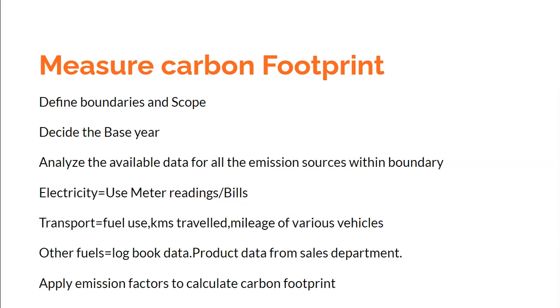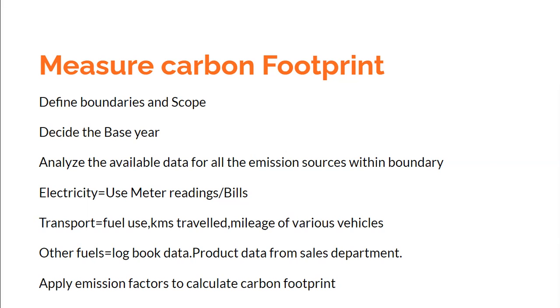A very crucial data is about transport, because transport matters a lot in the carbon footprint calculations. So we need to be very careful in getting the data from the logbook about the fuel use, the kilometers traveled, the mileage of the various vehicles, and report accordingly.